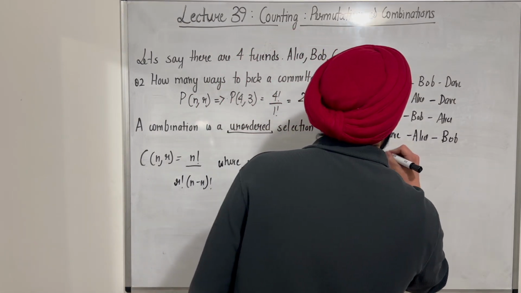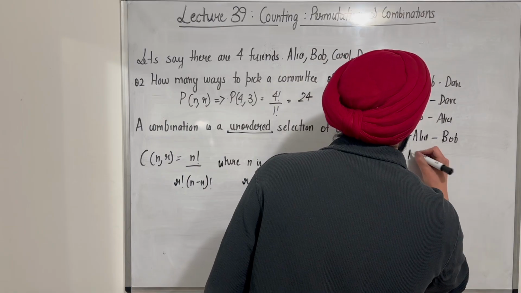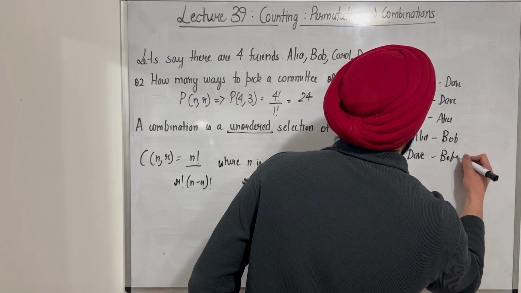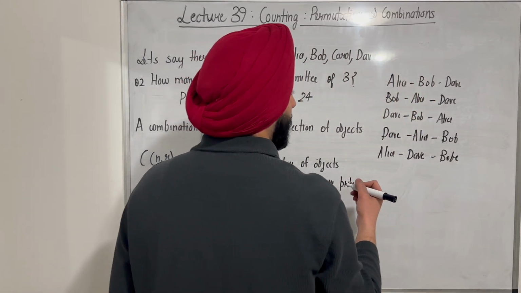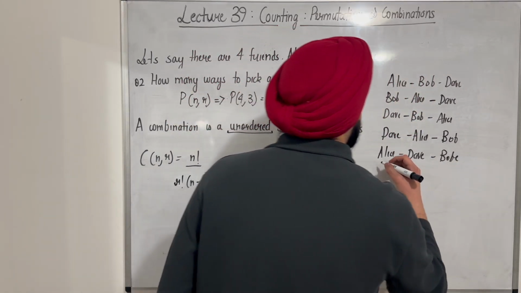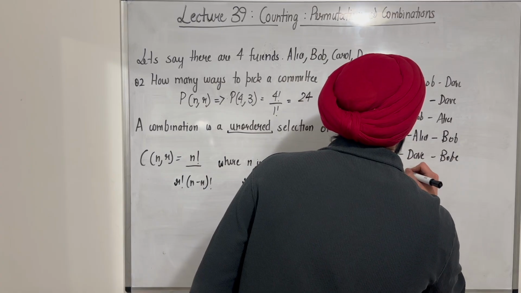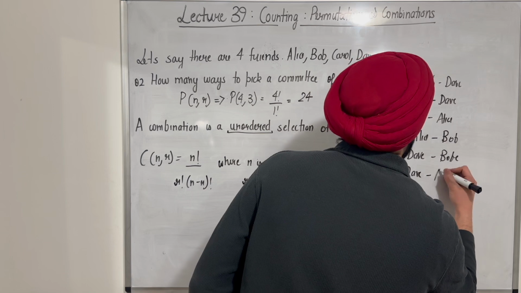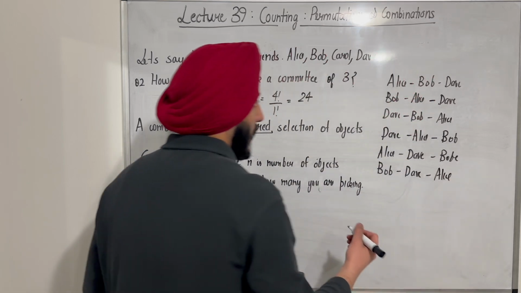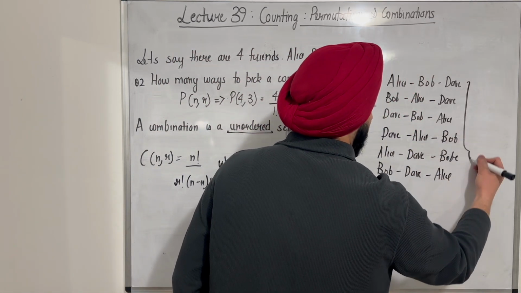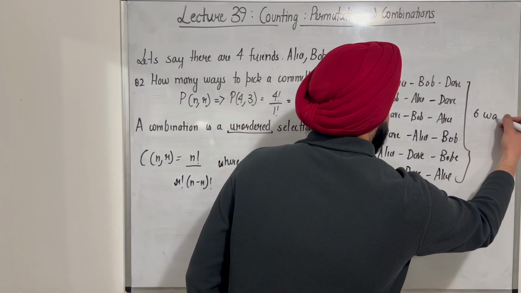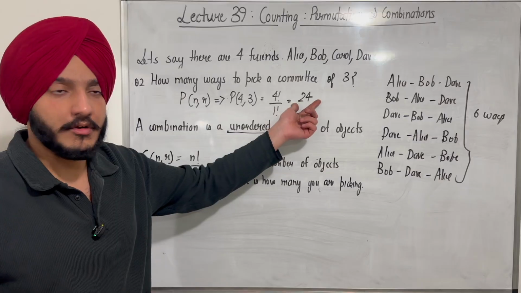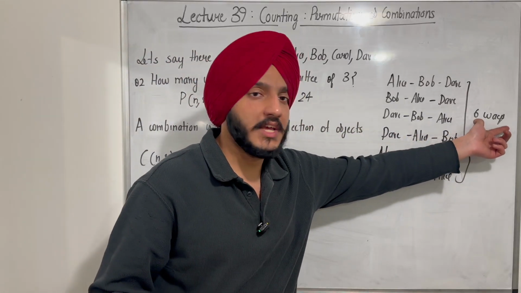Yeah, you can have Alice, Dave, Bob, and one final would be Bob, Dave, Alice. Okay, so if you count it, there are a total of 6 ways. So in these 24 times that we counted, right, we counted 6 times extra.